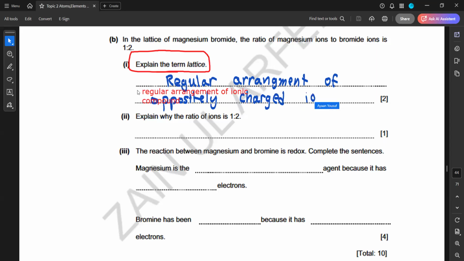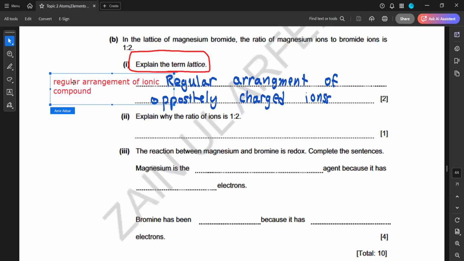But use the terms regular arrangement and oppositely charged ions. This is the correct, more appropriate answer.